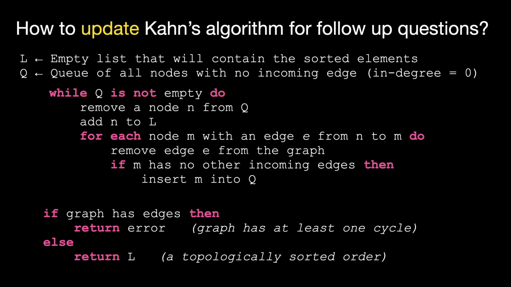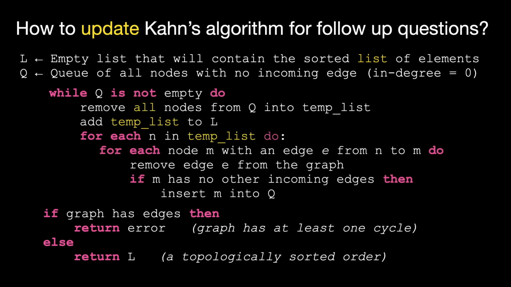How to update Kahn's algorithm for this follow-up question? First, we need to update the output to be a list of lists. Then, inside this while loop, for each execution, all the nodes in the current queue have in degree 0, which means all of them can be processed at the same time.